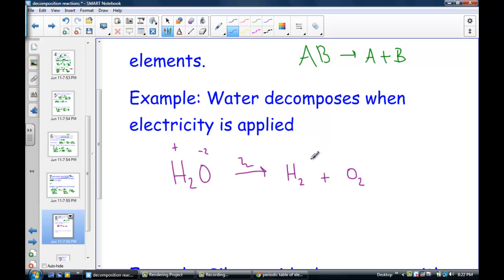The natural states of these elements are diatomic. So when we balance, we get a 2:2:1 ratio. Compound AB separates into the elements A and B, but I write them in their elemental form.